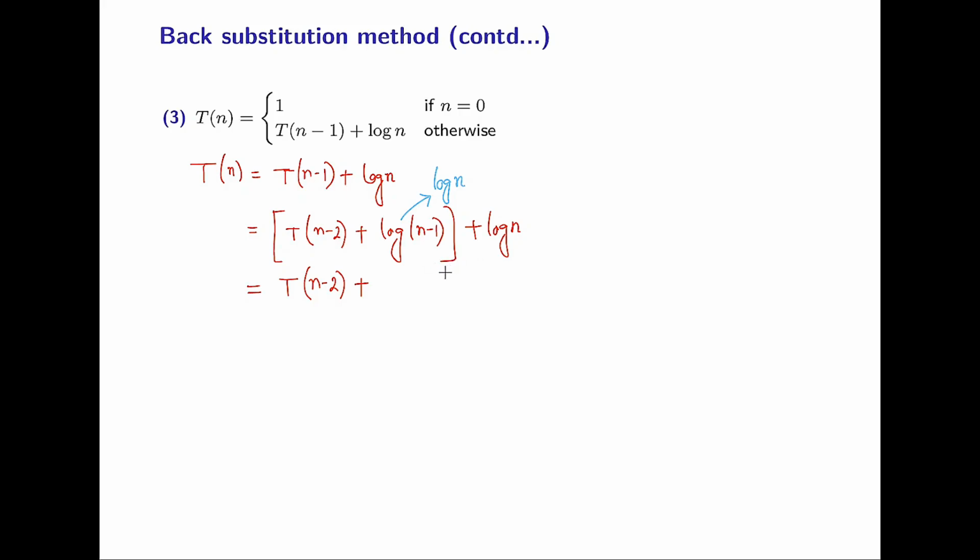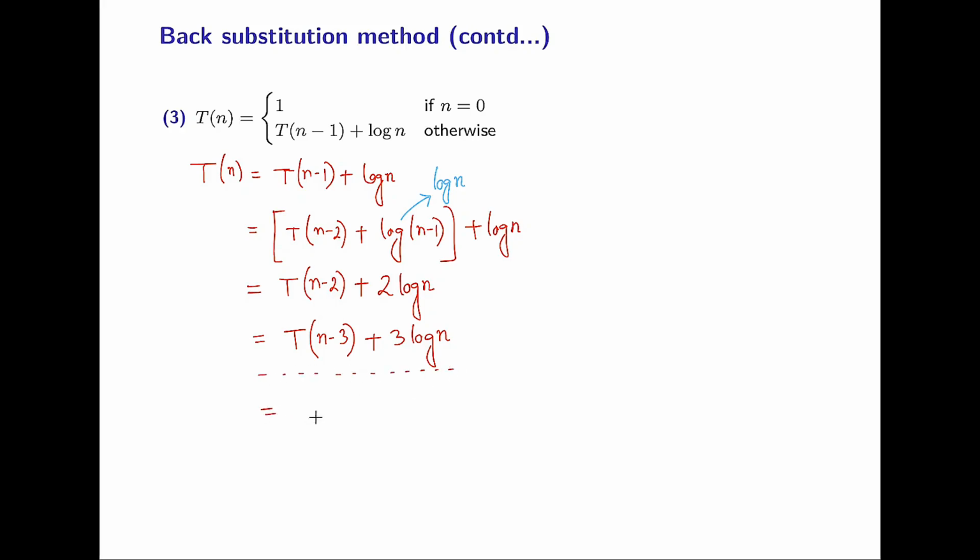We are going to provide the solution in terms of asymptotic notation like Big O. So here log n plus log n is 2 log n. So T(n minus 3) here, and here it will be 3 log n. So this way it will go.